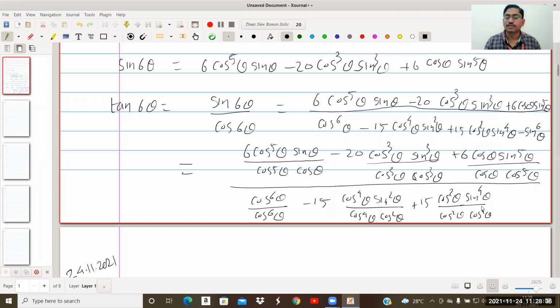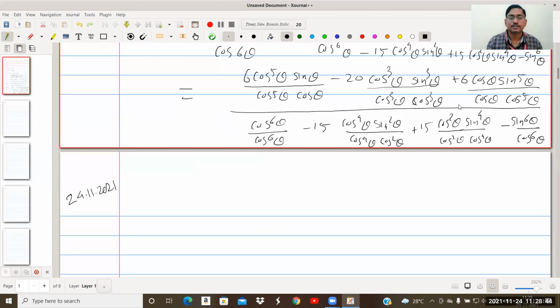We know sin upon cos is tan. And last, sin^6 θ upon cos^6 θ. So what do you get after simplification? I'll cancel these terms, marking them in red. The same terms get cancelled.